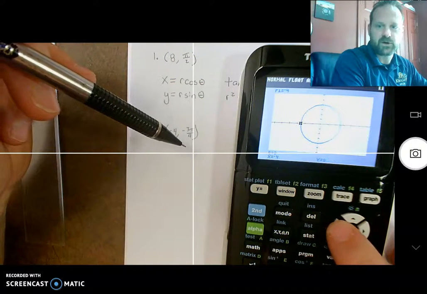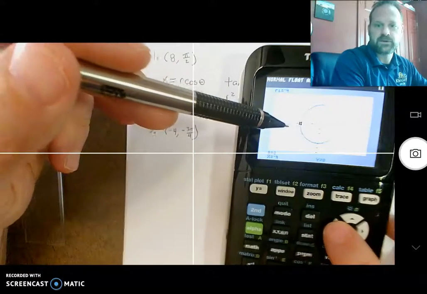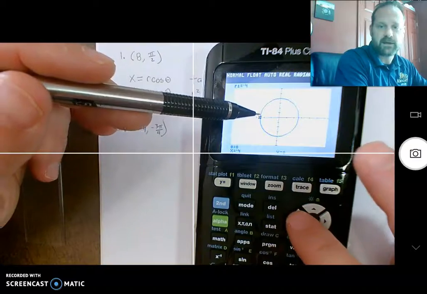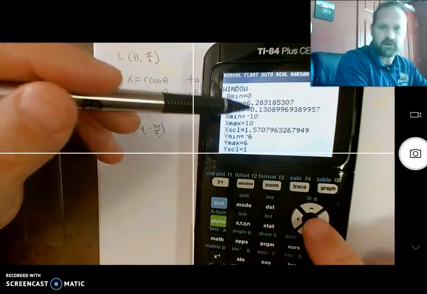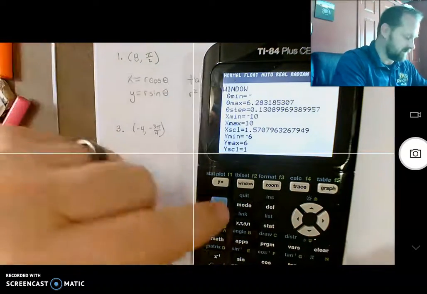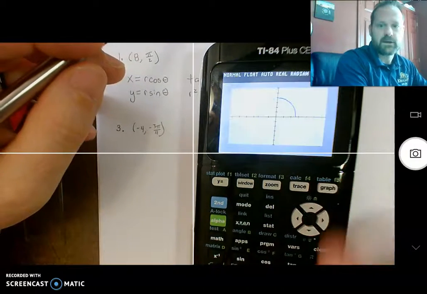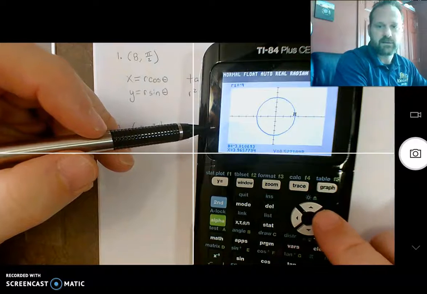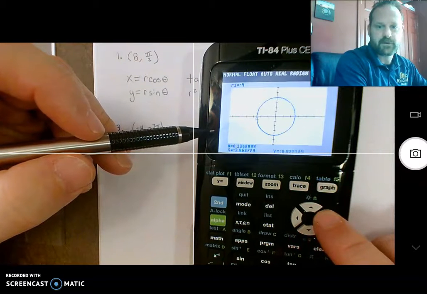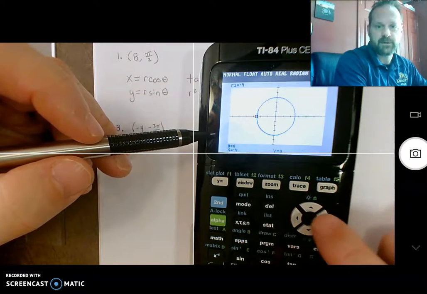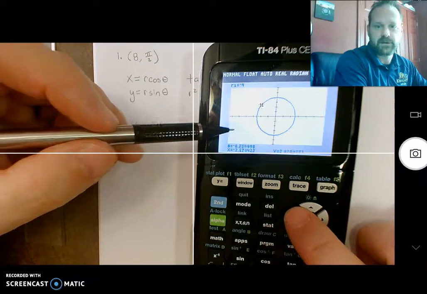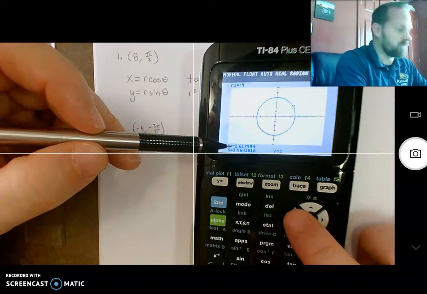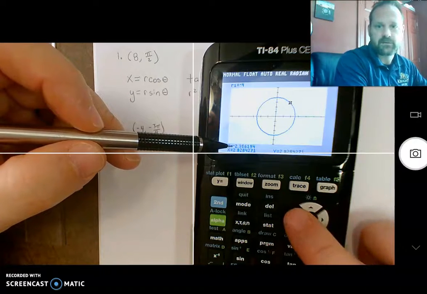So we start here. That's what makes this more difficult. I want to go in the negative, and I can't. So I have to change my window and note the pi is that. I'm going to put -pi and hit graph, and then hit trace. It starts out here, but if I go all the way here, I'm at -4, going this way. Look at my degrees, negative, and -pi over 4 is going to be right about there.